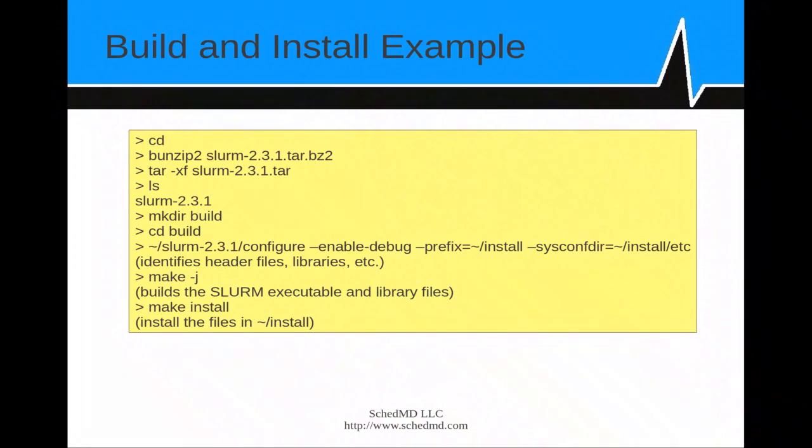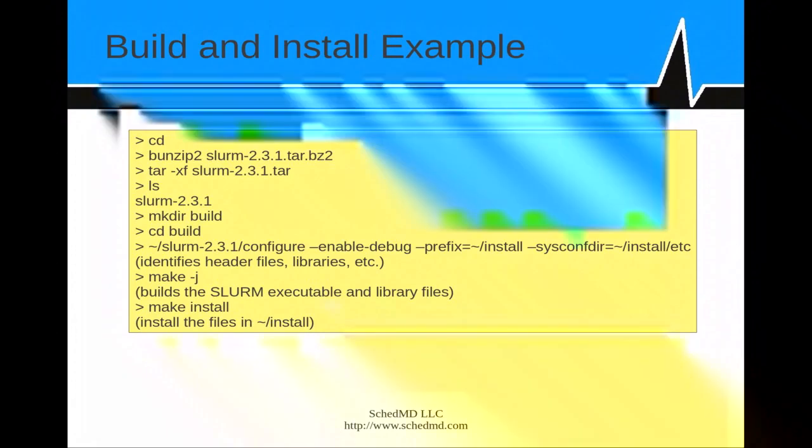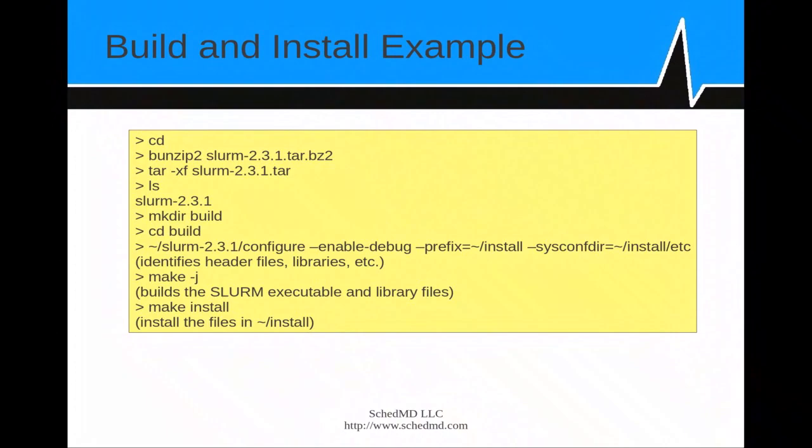Then I make a directory to do the build in, change directory to that, and execute configure. Now this is in another directory. Do a make, which is a tool that is going to go through all of the subdirectories and make all of the executables.